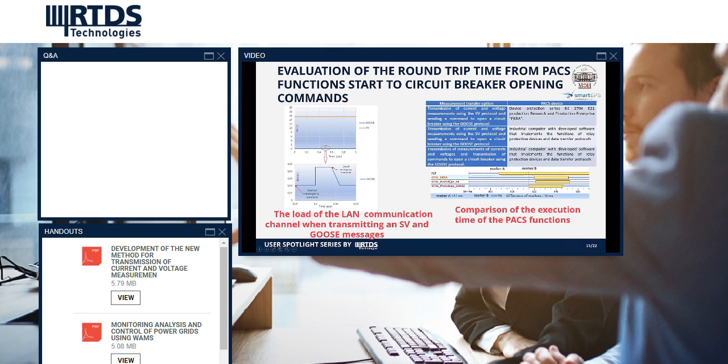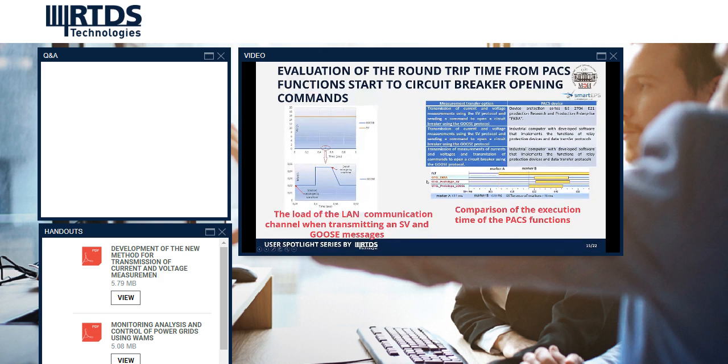We should realize that the result of the comparison of the PAC action time and the transmission of the trip commands shows that the new method for measurement transmission ensures the required speed of the distance protection.